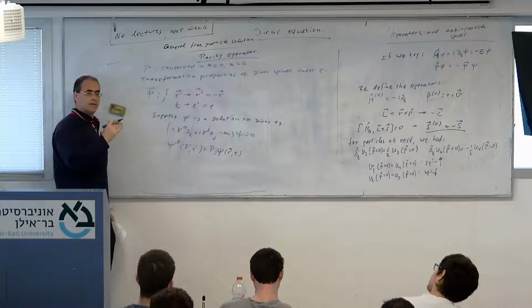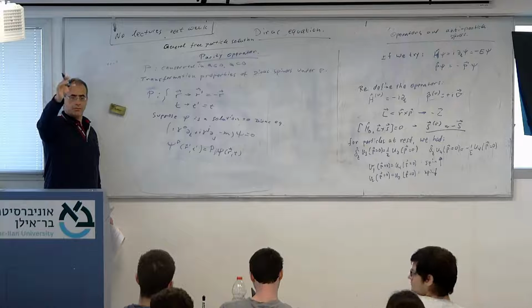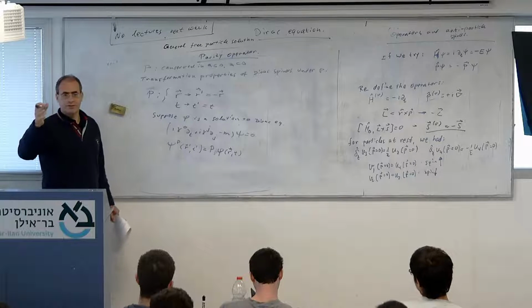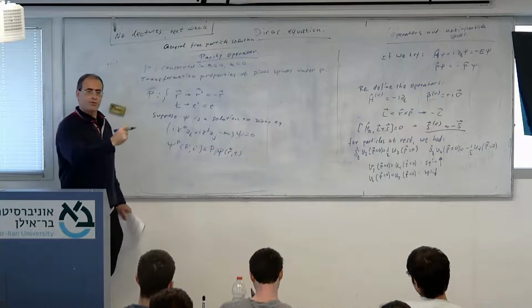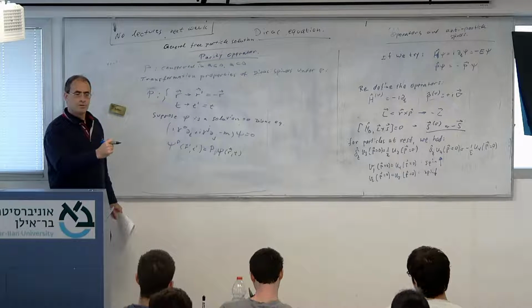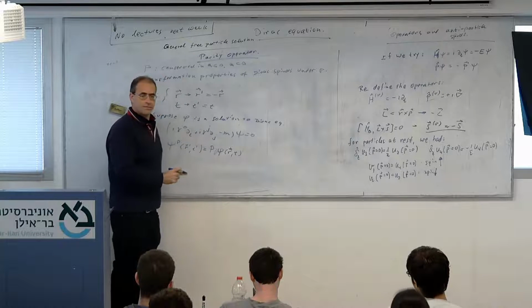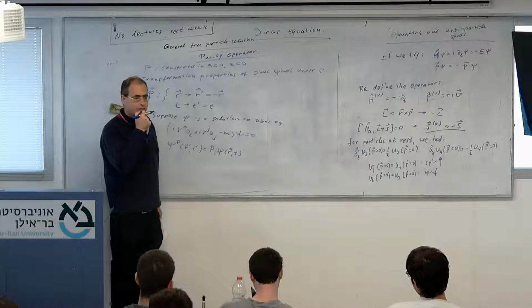Again, there are external degrees of freedom, and location is something external to the particle. We define what the location is. And there are intrinsic degrees of freedom which are internal to the particles, and all the information is inside psi. So now I want to know what happens to these intrinsic degrees of freedom of psi under parity.